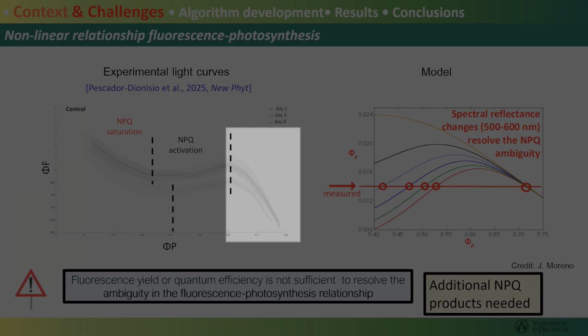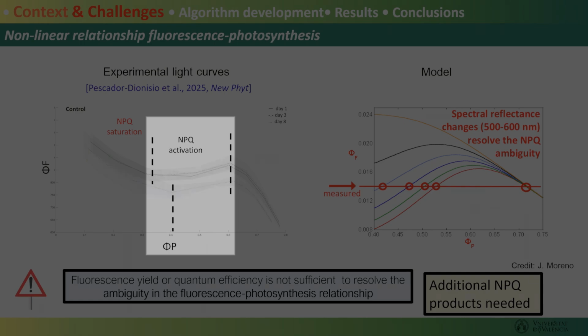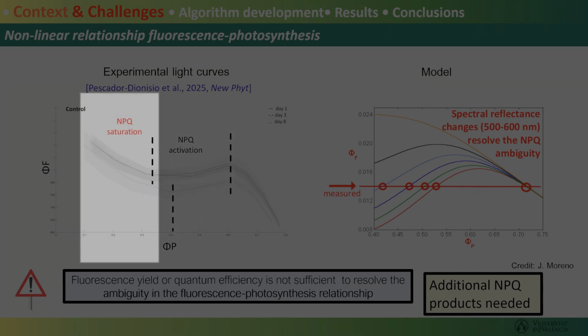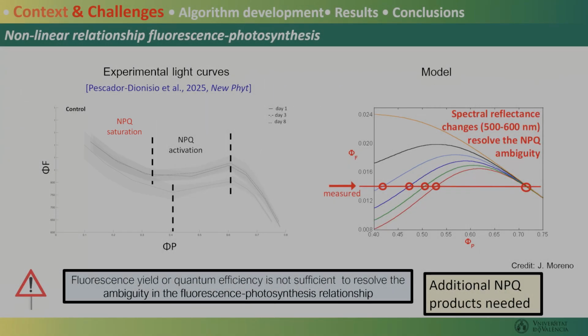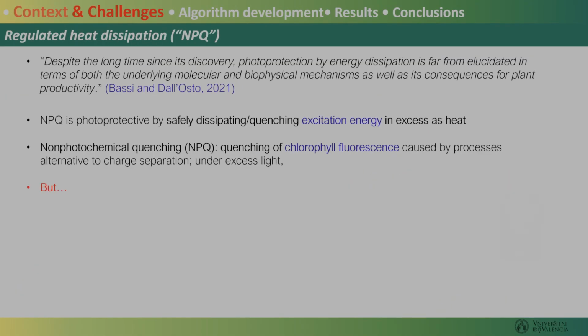But once NPQ is activated, the slope becomes positive. Eventually, when NPQ saturates, you have, again, a negative slope between fluorescence efficiency and photochemical efficiency. So when you are able to measure light curves in the lab, you can easily plot this, and you come to the conclusion that fluorescence yield is certainly not enough to resolve the puzzle of the energy partitioning. So we need these additional products related to NPQ.